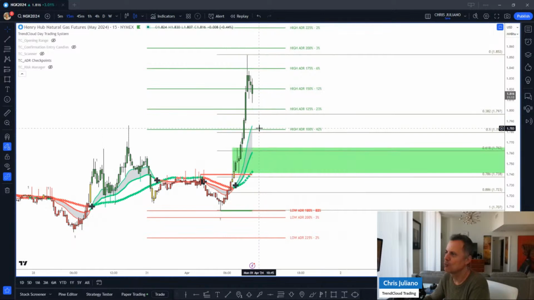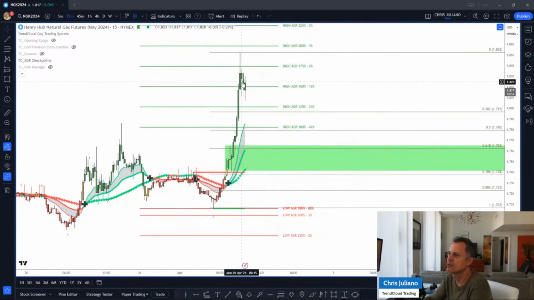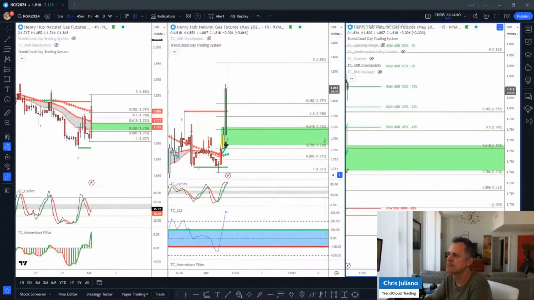We've already hit 1, 2, 3, 4 ADR checkpoints. Holy cow. Is this going to go any higher today anyway? We don't know. We're definitely on the pullback here, and then it'll probably go sideways for a while.